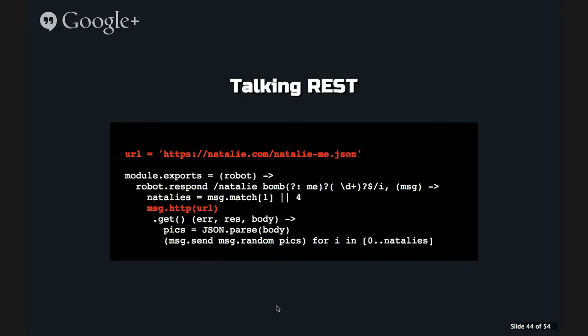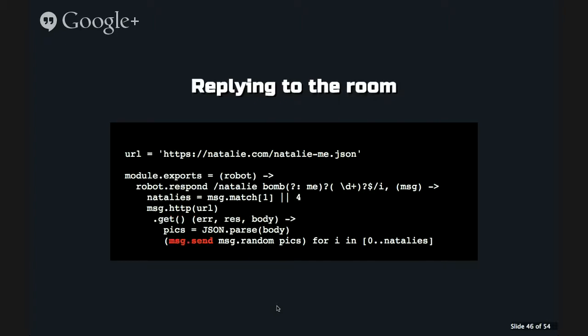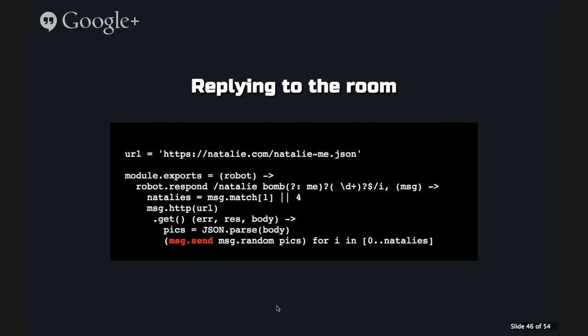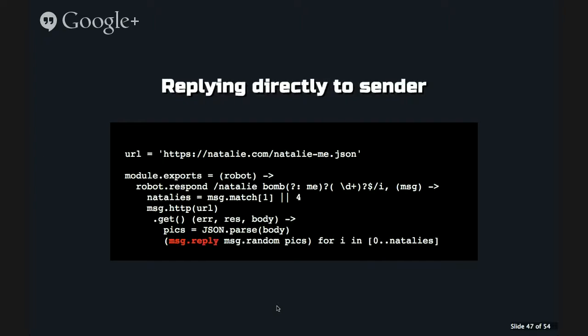We're basically going to fire a GET request to that HTTP endpoint and return back the JSON in the body, which we can parse out and extract the image from that JSON response, and then send that back to the chat room. You can also reply, which instead of just sending back to the specific chat room, sends back directly to whoever executed this command.